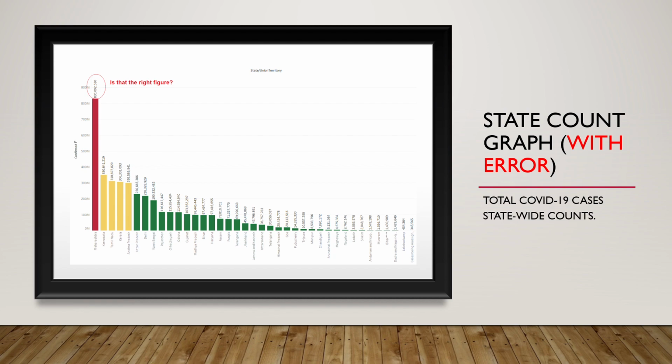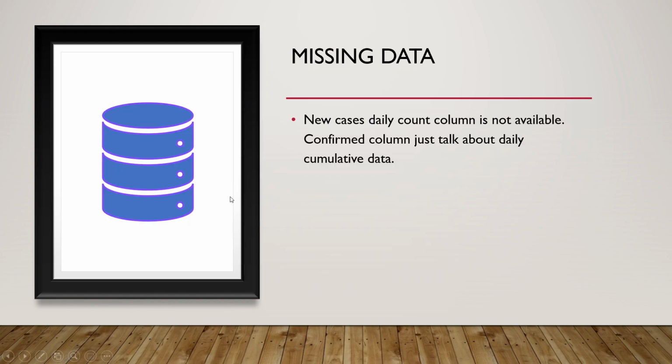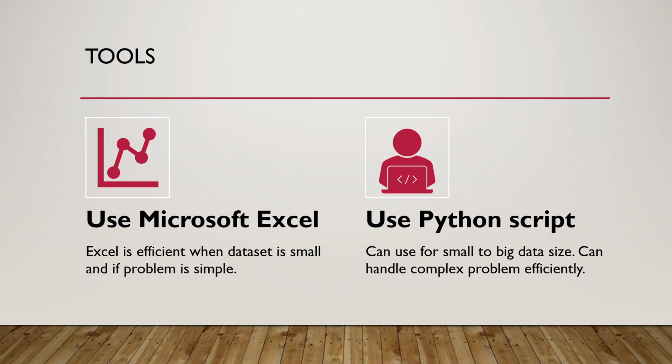The confirmed column provides cumulative data for every day, which of course will not give appropriate data for state count. So the problem identified here is the missing daily count figure, thus it needs fixing, hence data engineering appears.